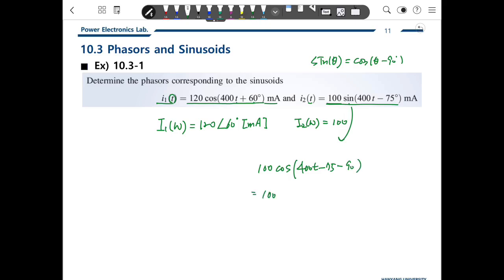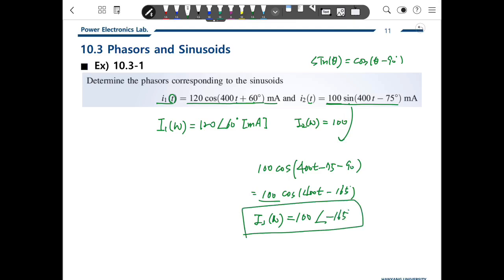So that will be 100 cosine 400t minus the value. So I2 in omega, the magnitude is 100. The phase is minus 165 degrees. That is the phasor of I2. This is the phasor of I1.